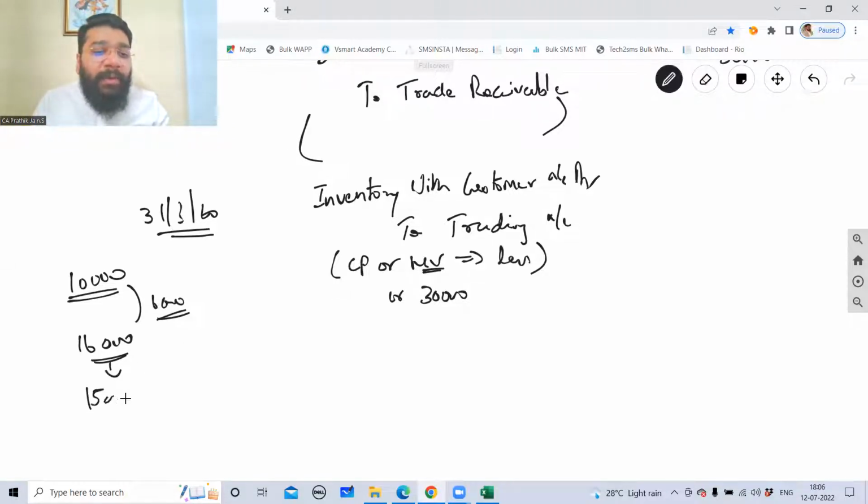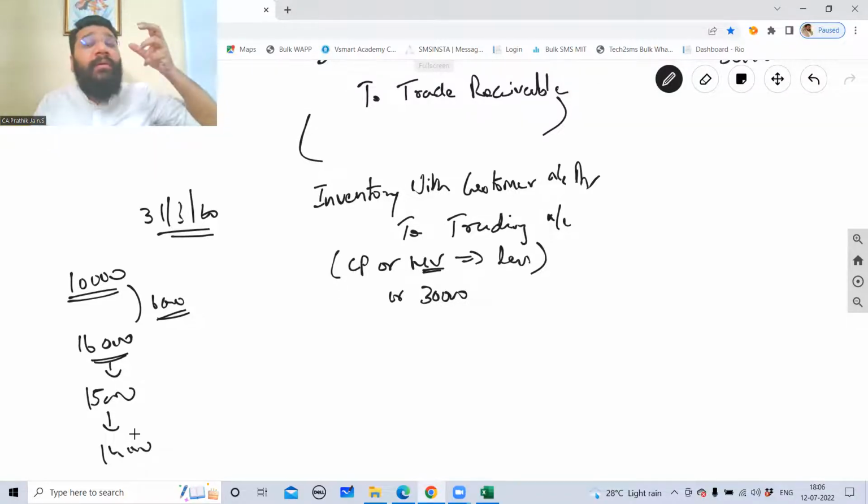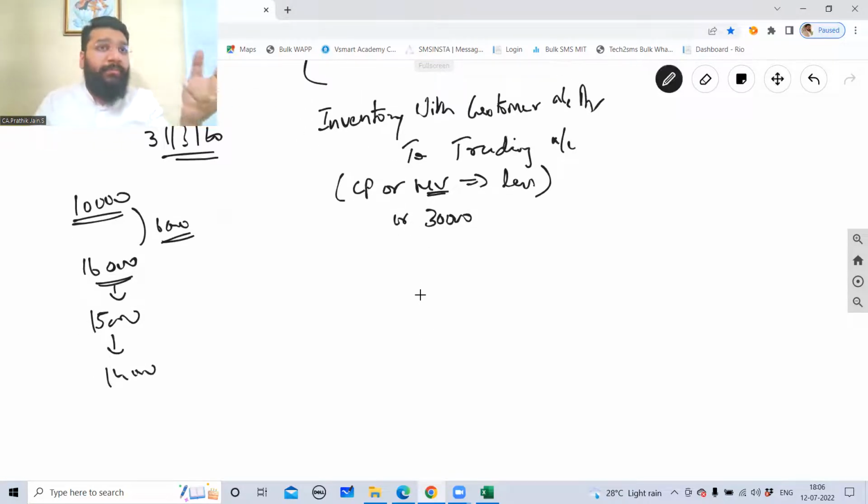From 16,000 it becomes 15,000, from 15,000 it becomes 14,000, and like that it keeps going. Sometimes if there is a problem or inherent defect in the product, it can go to such an extent that you will be willing to sell even at 9,000 rupees, because more than 9,000 nobody is willing to pay in the market. This model has some deficiency or has become completely outdated.